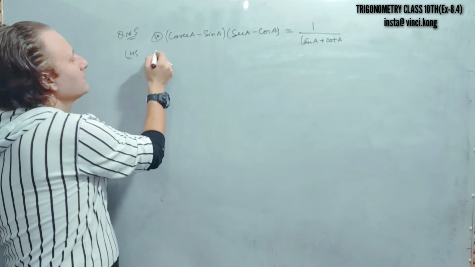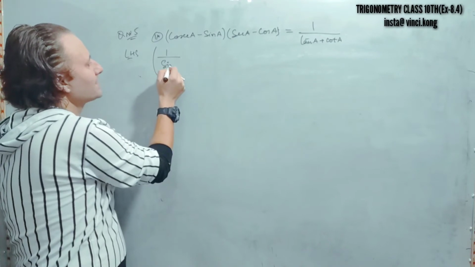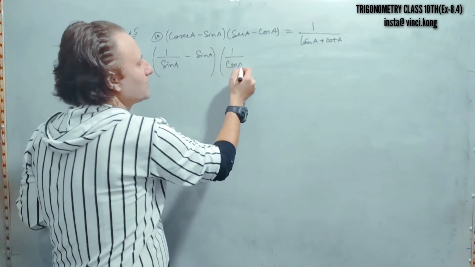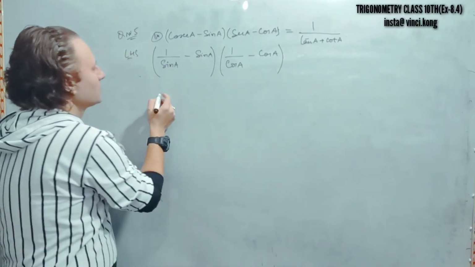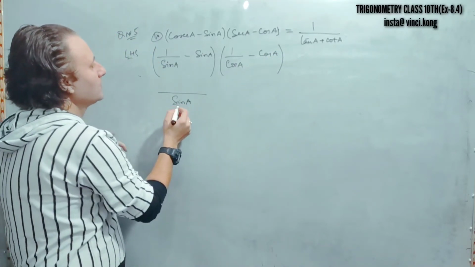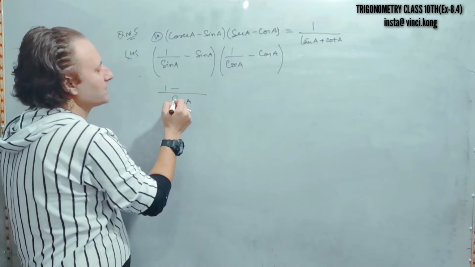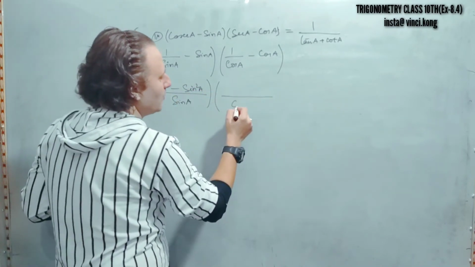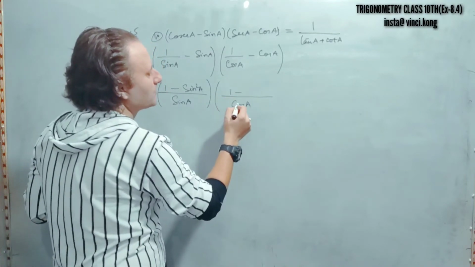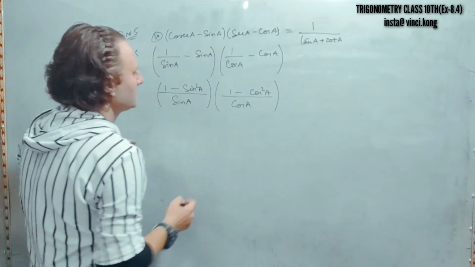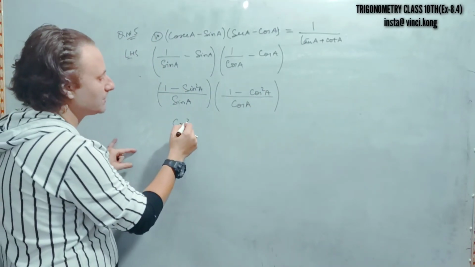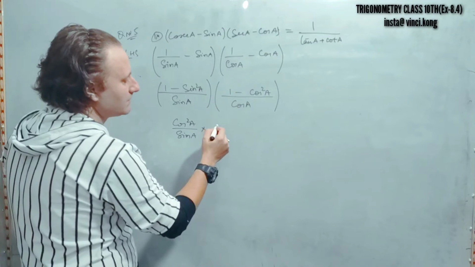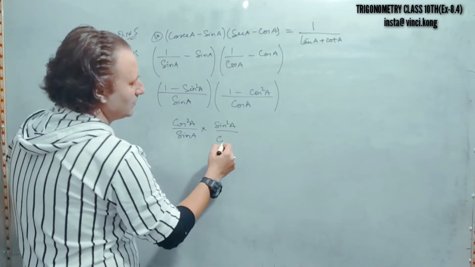So LHS: cosec A is 1 upon sin A minus sin A, then sec A is 1 upon cos A minus cos A. Take the LCM, we have sin A as denominator, so 1 minus sin square A. Then take the LCM cos A, so 1 minus cos square A. Now 1 minus sin square A is cos square A upon sin A, into 1 minus cos square A is sin square A upon cos A.